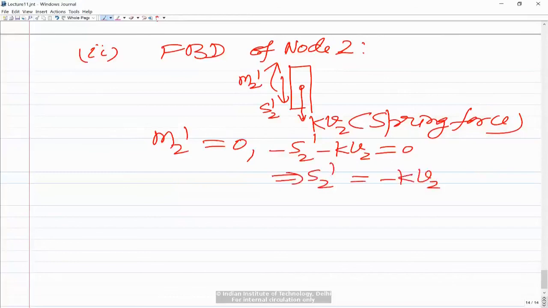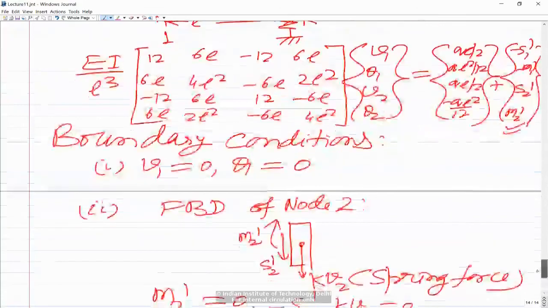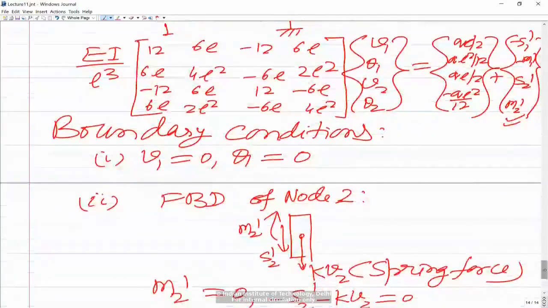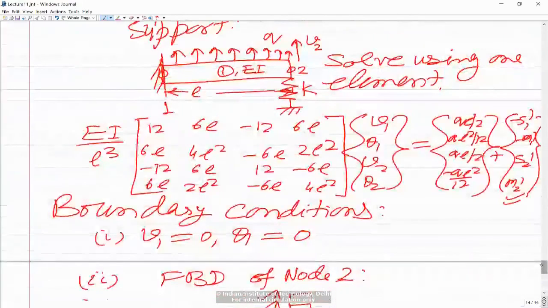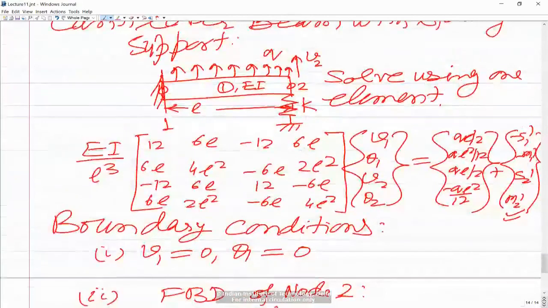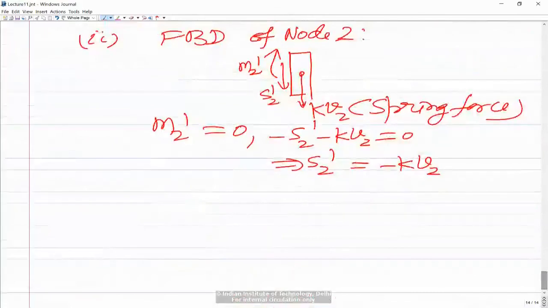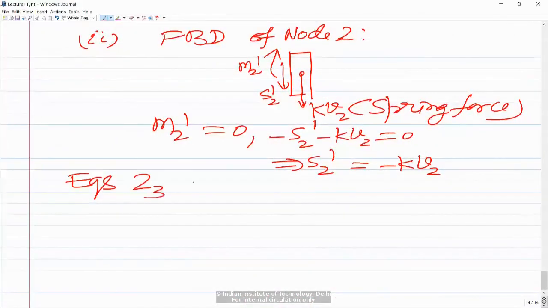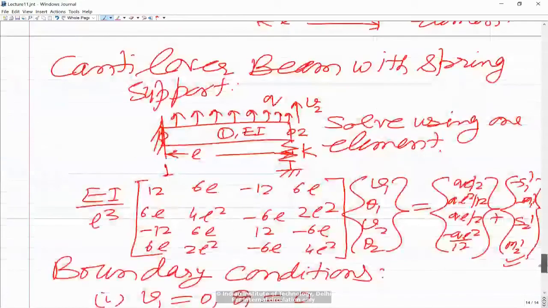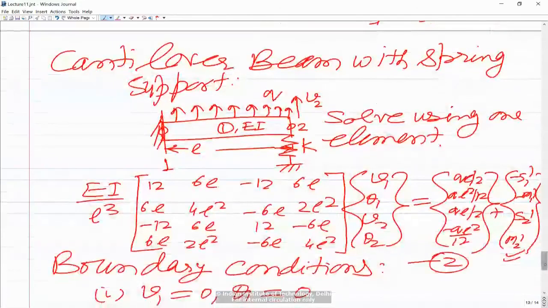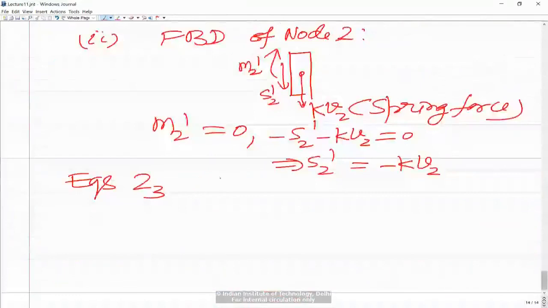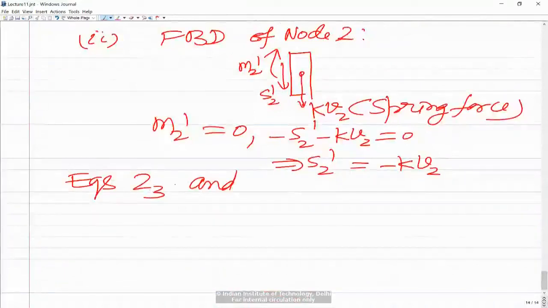So now, as far as the solution is concerned, we already have V1 and theta 1 as 0. So we take the third and fourth equations and solve for V2 and theta 2. So if you look at the equation, let me number this equation as 2, then you can say, if you take equations 2 3 and 2 4, you have this EI by L cube.